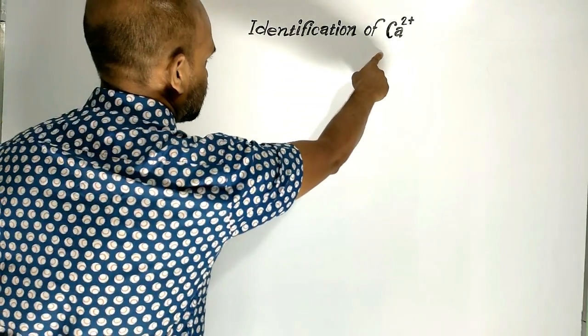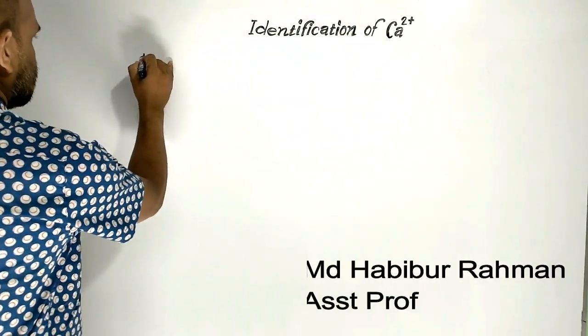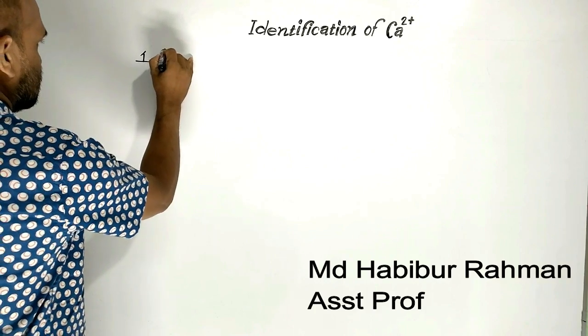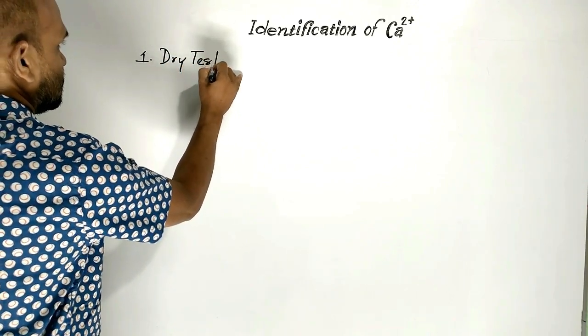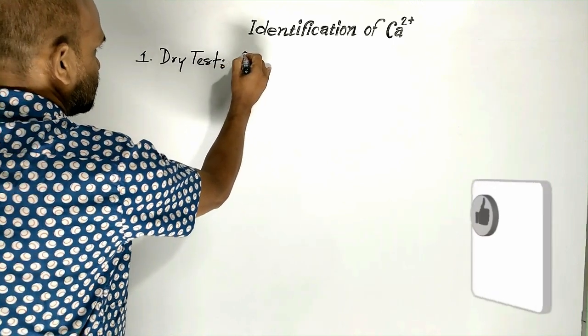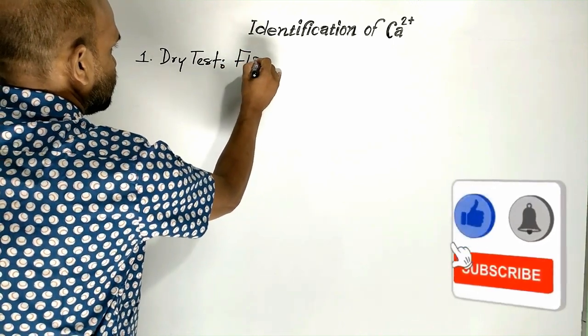Identification of calcium ion. Test number 1. Dry test. Dry test is flame test.